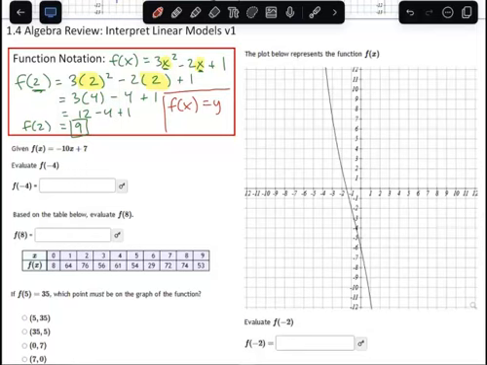So when you look at this relationship, when x is 2, the corresponding y is what? What did we evaluate? We got 9. So when you see a function notation like this, it can be translated into the point x, y on a coordinate plane. So the solution for this problem would be 2, 9.